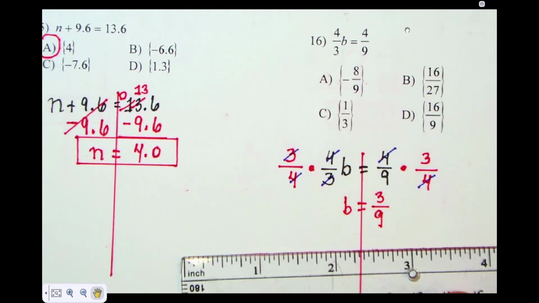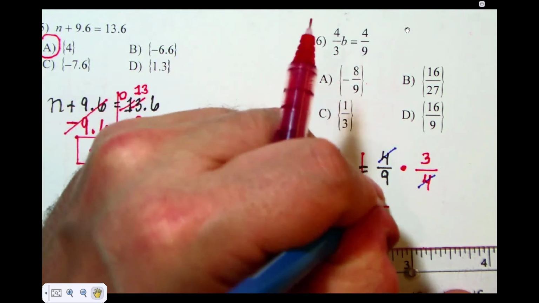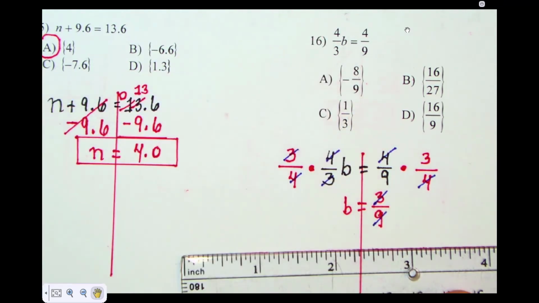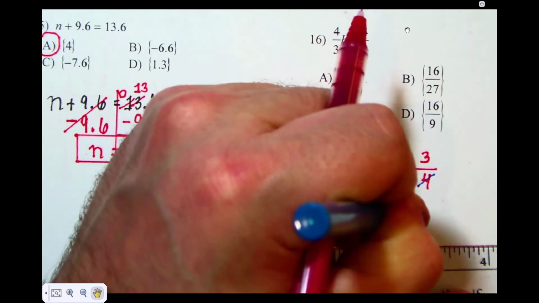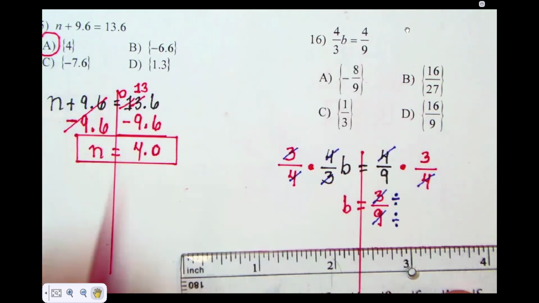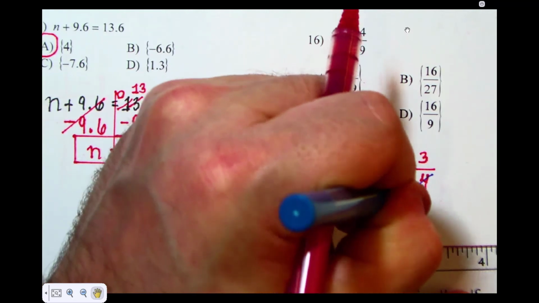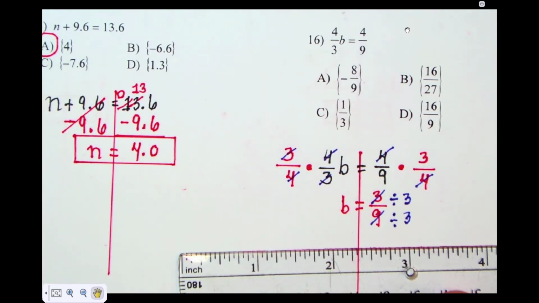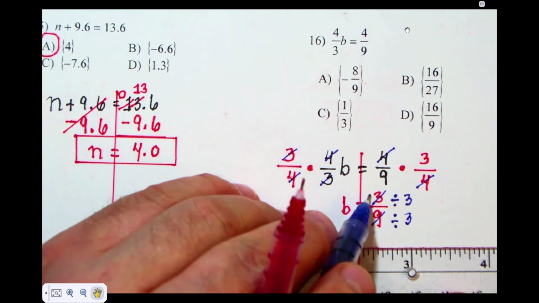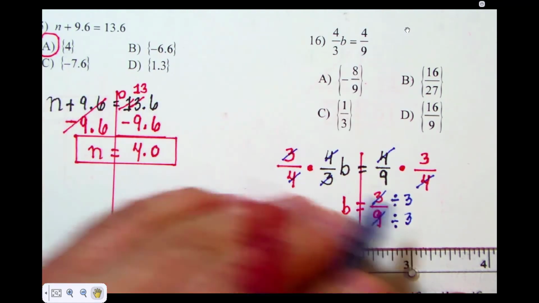Well, ladies and gentlemen, we can reduce this fraction by dividing the top and the bottom by 3. Some people are still struggling with this concept, so I'll write it out. What we're doing is dividing the top and the bottom by the greatest common factor of the numerator and denominator. The greatest common factor of 3 and 9 is 3.